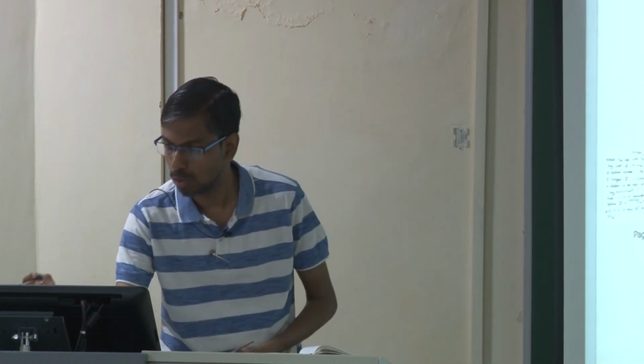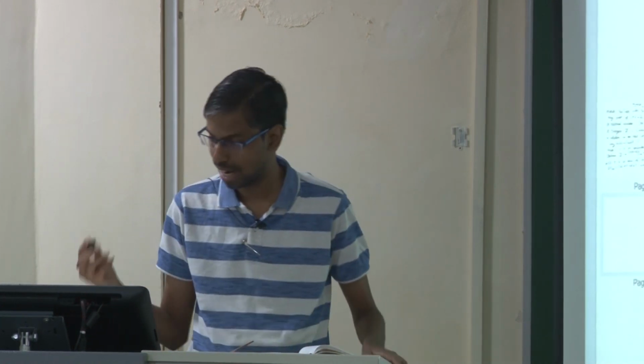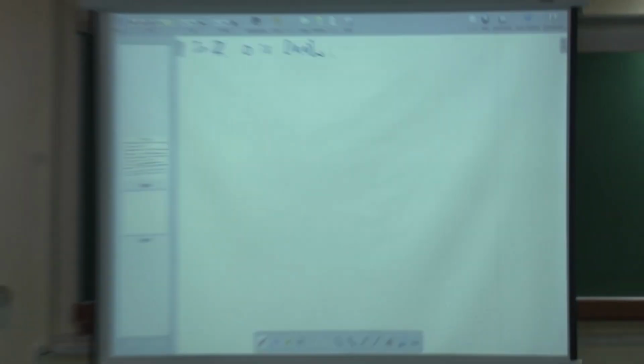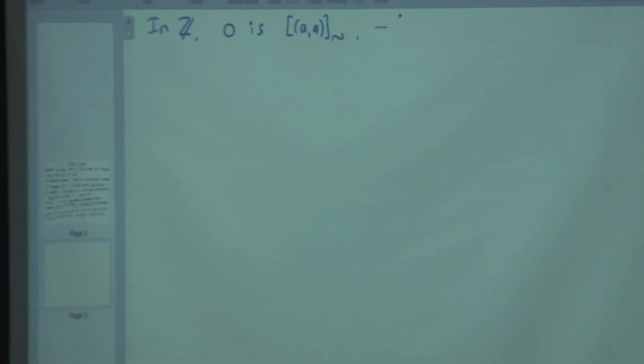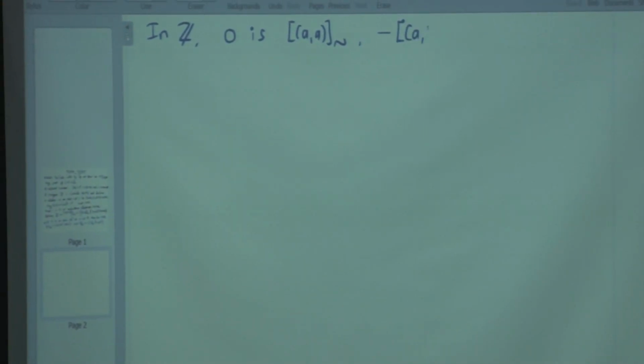So let us write that down. In Z, 0 is the class of (a, a). Then minus, this is precisely what we wanted to do.